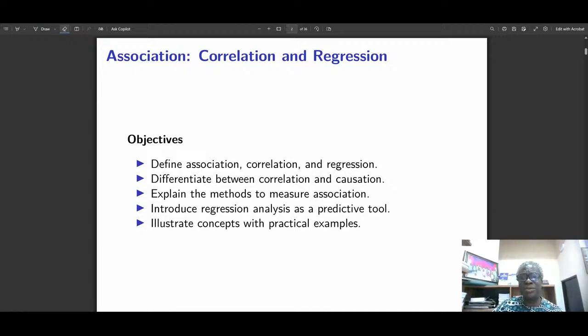So we will lay the foundation with a simple regression model. We will reinforce our discussion with practical examples. So these are the objectives listed for today's lecture.